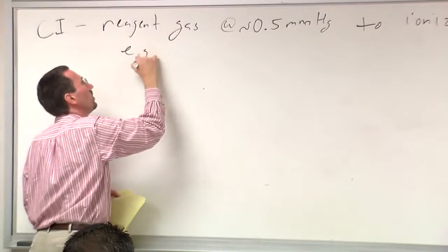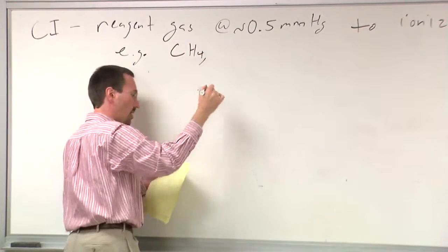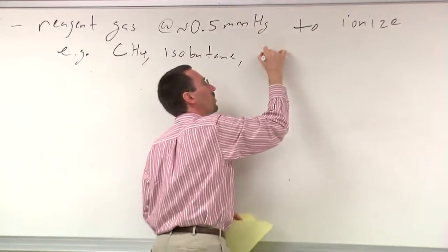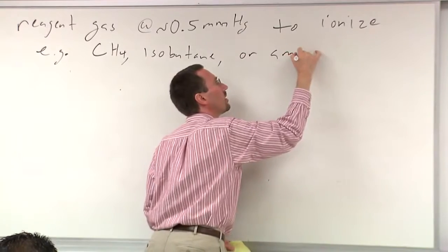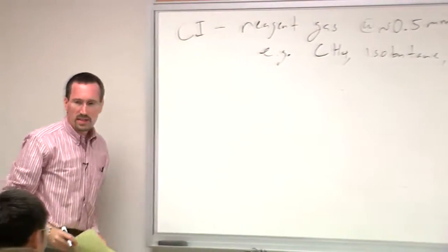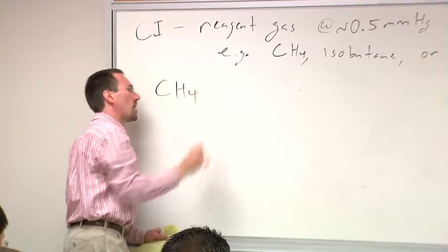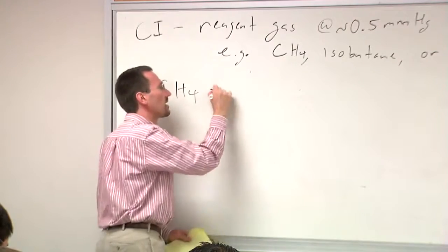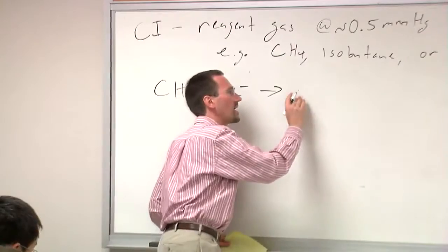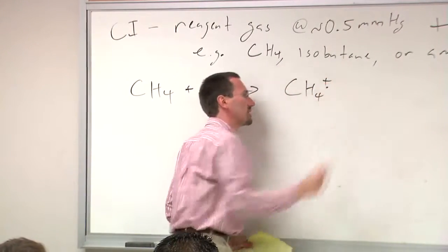So for example, methane, isobutane, or ammonia. Let's look at the chemistry of the reagent gas. We saw that if you take methane and give it a good hard whack with an electron, you get a methane radical cation, CH4+•.